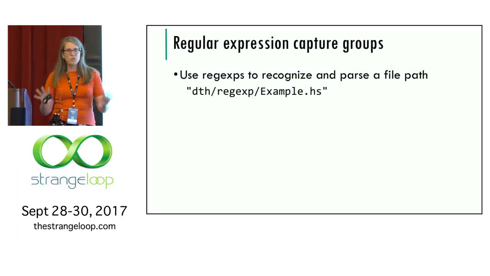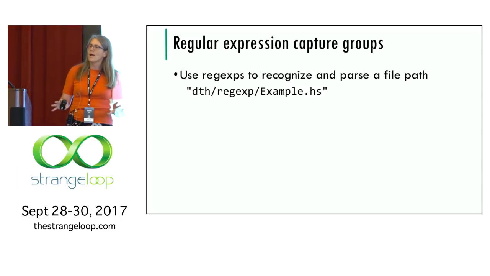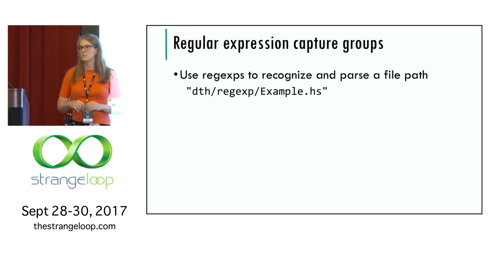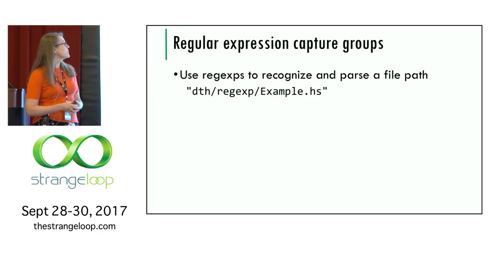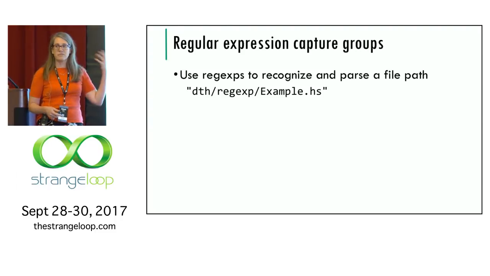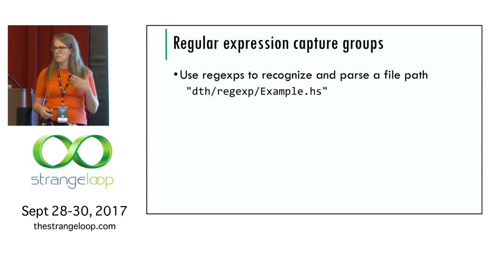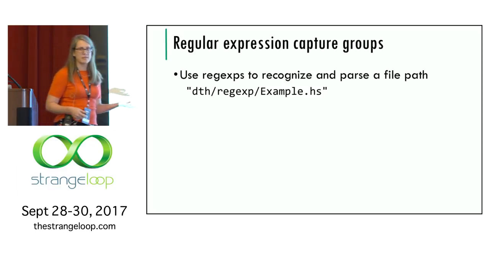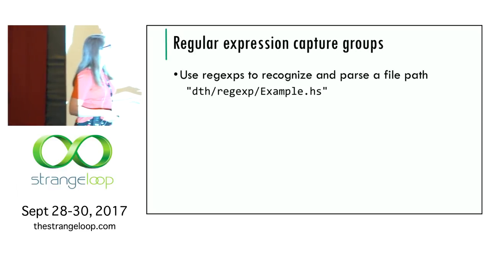So here's a simple little domain I've worked out. It's just a simple example to show you. I'm not saying you should go use this library, but I want to walk through how this library can take advantage of dependent types. It's based on regular expression capture groups. So you might have a string like this, and you might define a regular expression to recognize this string as a file name or file path.